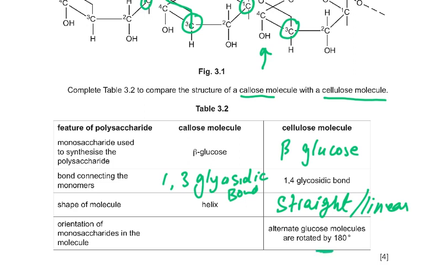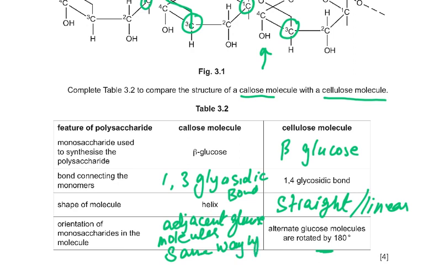Here they are the same way up. So adjacent glucose molecules are the same way up. They are not rotated 180 degrees like cellulose.